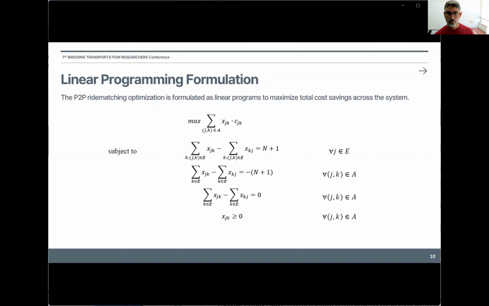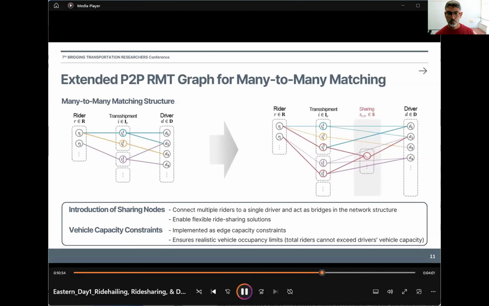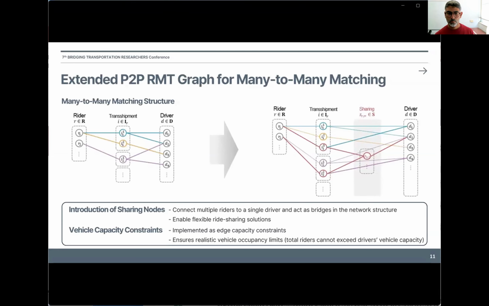In the extended framework for many-to-many matchings, we introduce sharing nodes to allow a single driver to pick up multiple riders. These sharing nodes collect flow from several riders before connecting to a driver. We also account for vehicle capacity constraints to ensure that a driver's car can only carry a limited number of passengers.